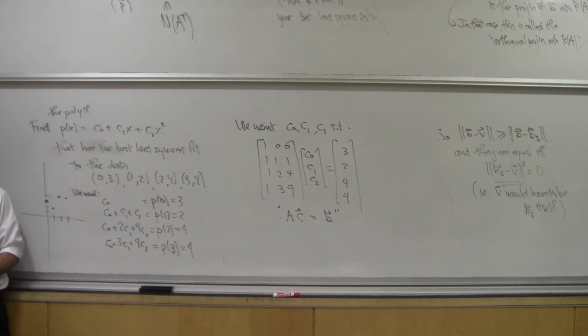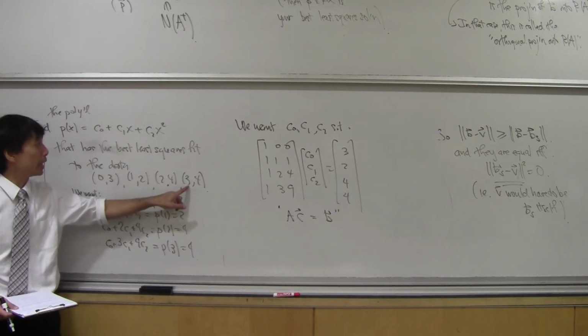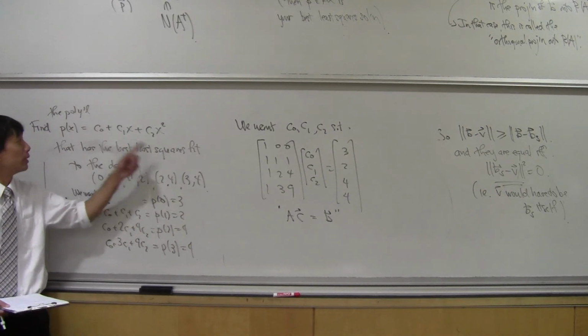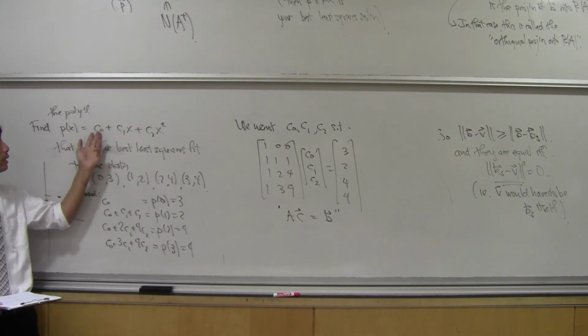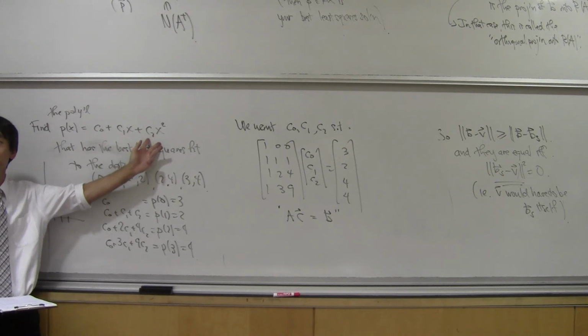Yeah, Connor. Where do you get 9c2 from? 9 because this is a 3. So p of 3, that's c0 plus 3c1 plus 9c2, like 3 times 3.